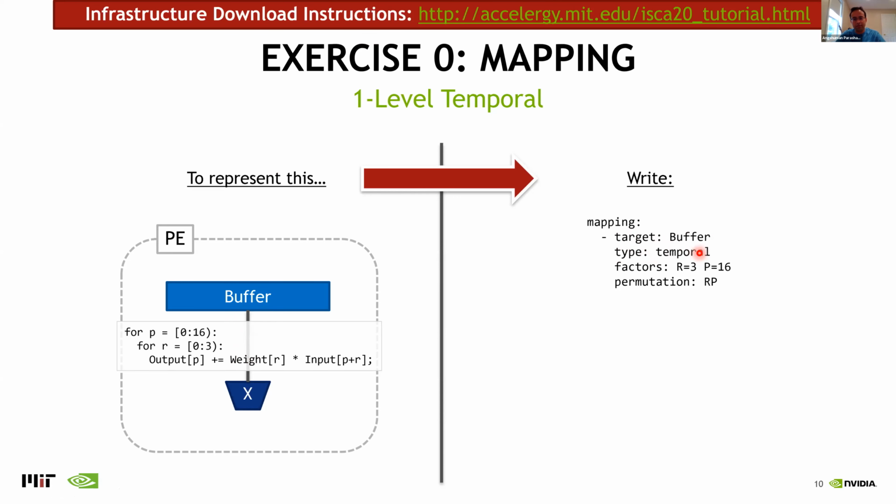This is the temporal type. We'll talk about other types later. And the factors R equals 3 and P equals 16 describe these loop bounds. And the permutation RP goes innermost to outermost. What that's describing is the inner loop and then the outer loop.